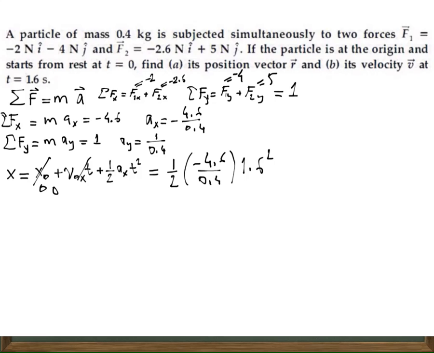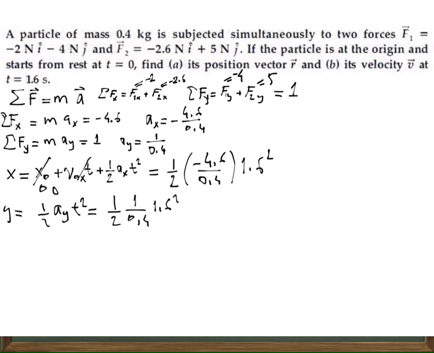This is the answer for the x position. For y it is similar: 1/2 a_y t squared, so 1/2 times 1 divided by 0.4 times 1.6 squared, and this is the y position.